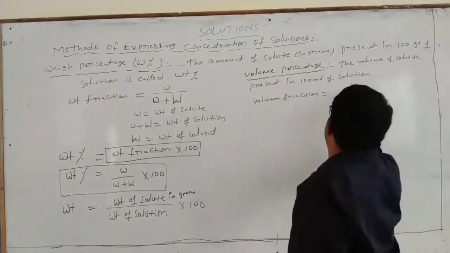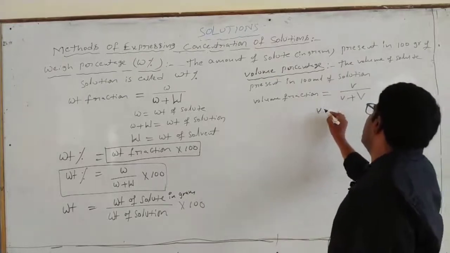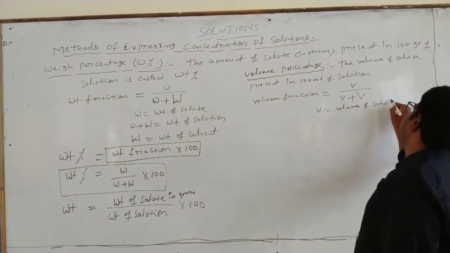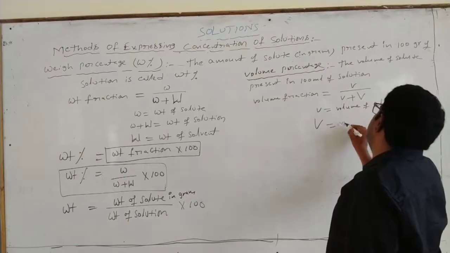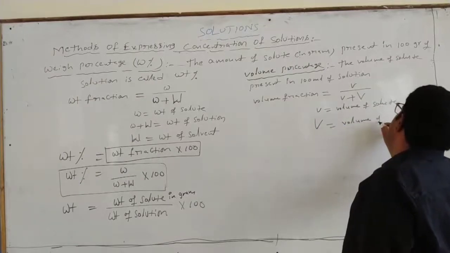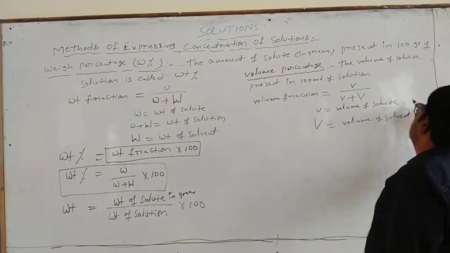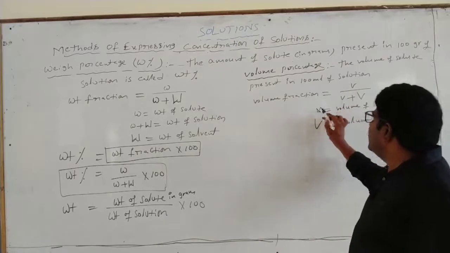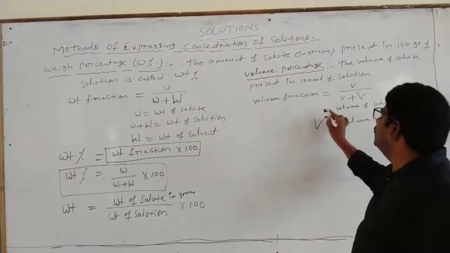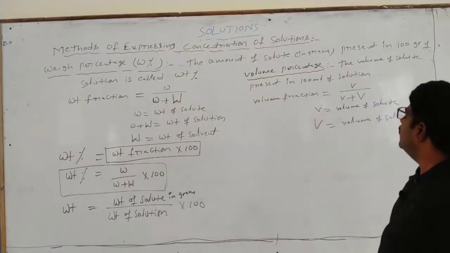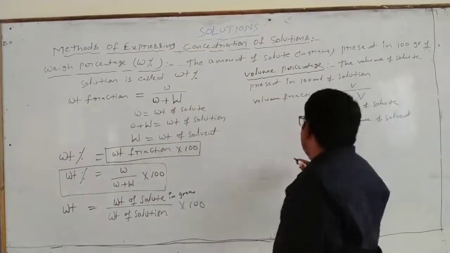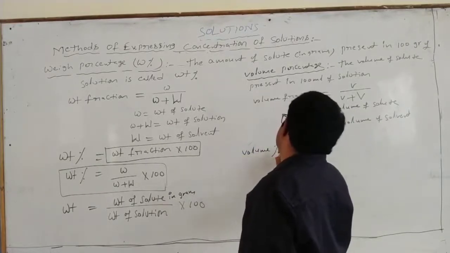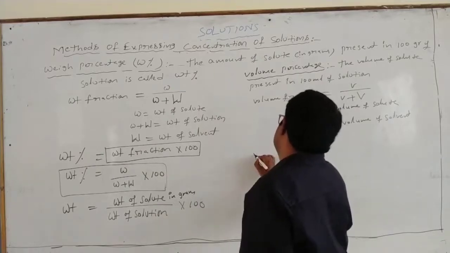Here small v is the volume of solute, capital V is the volume of solvent, and solute plus solvent is the solution.